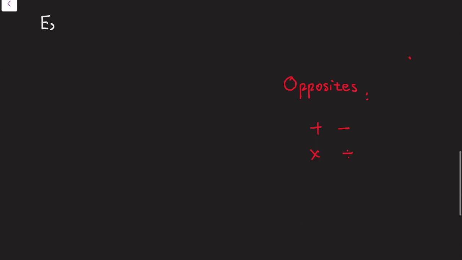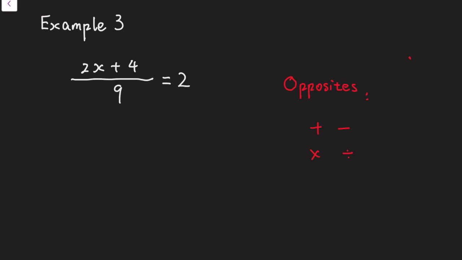Next, example 3: 2x plus 4, all over 9, equals 2. First, I need to get rid of the big fraction. Remember, when you see this line, it means divided by 9.